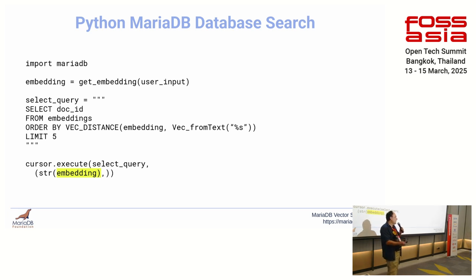For the search, we take a user input through the same embedding algorithm, and we do a select from the table, and we order by the vector distance between the vector the user passed in and the embedding column on the table, and do a limit. And this is how we get the 5 closest vectors in pretty much the same way as any SQL query has been since Codd invented it.